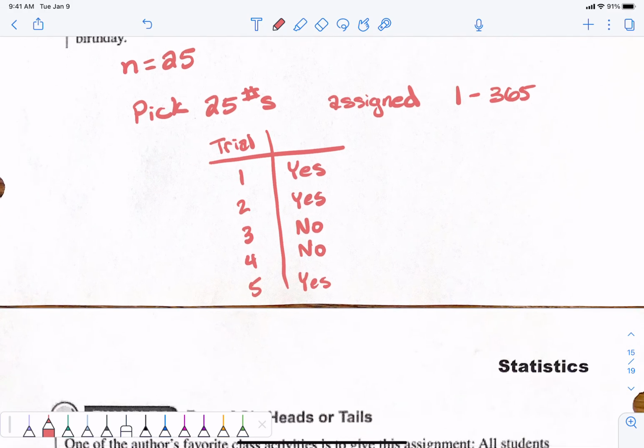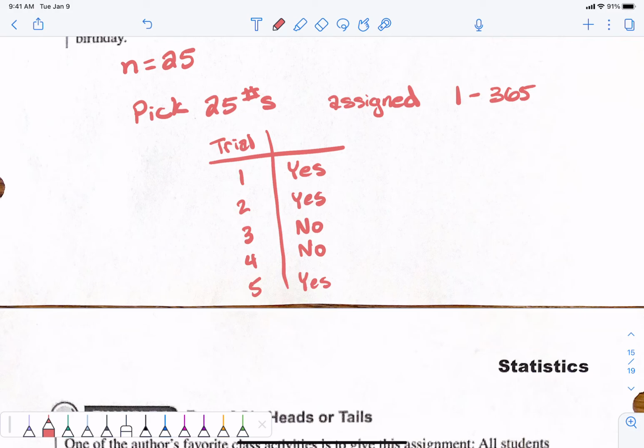Okay, so this is how this works. In trial 1, when I grouped 25 people, we did get 2 matching birthdays. We actually got 3 people that were matching, so like 6 people matching, right? When we grouped 25 more people in trial 2, we did get matching birthdays. Nobody matched in trial 3, trial 4. They did match in trial 5. This is really rare.